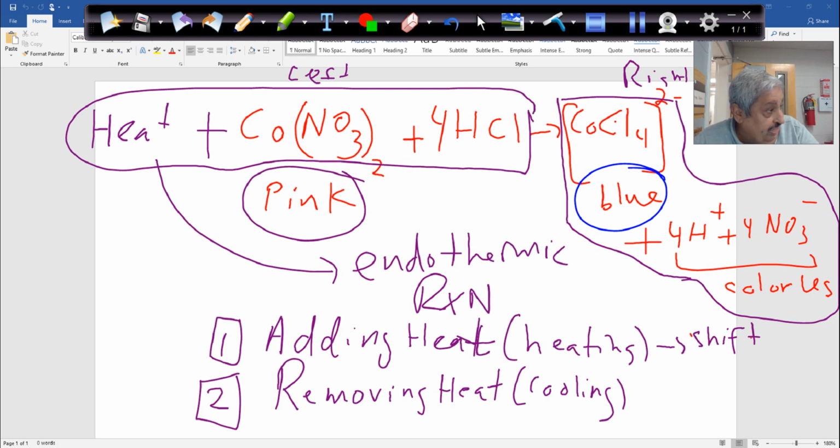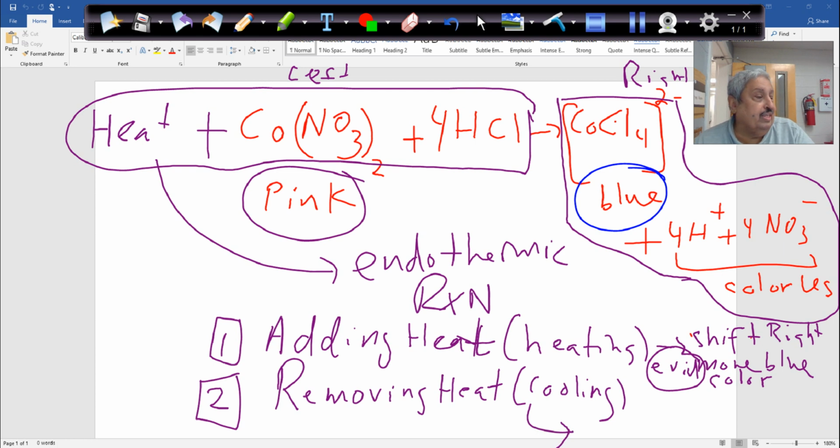To the right, correct? Shift right. What evidence will you see? More blue color, because that's the blue color on the right side. That's your evidence here. So if you cool, what will happen?